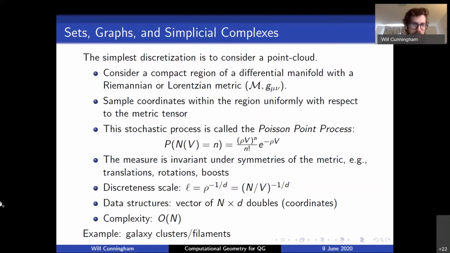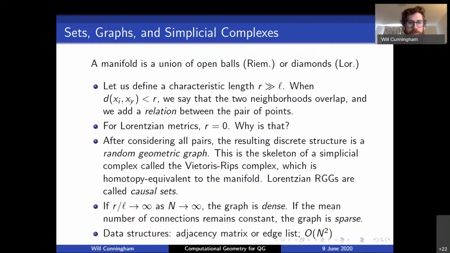I'll come back to this in a moment to explain how you deal with that using higher order structures. So if we think about graphs now, a manifold is a union of open balls in Riemannian space or diamonds in Lorentzian space. Those are the topological bases.